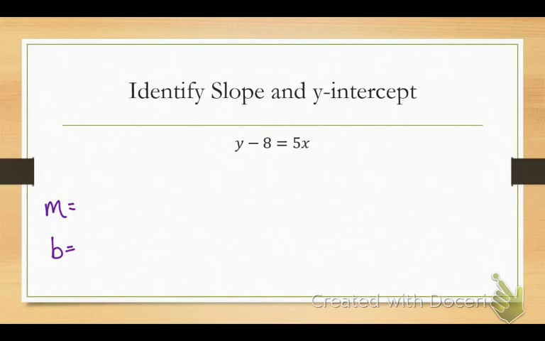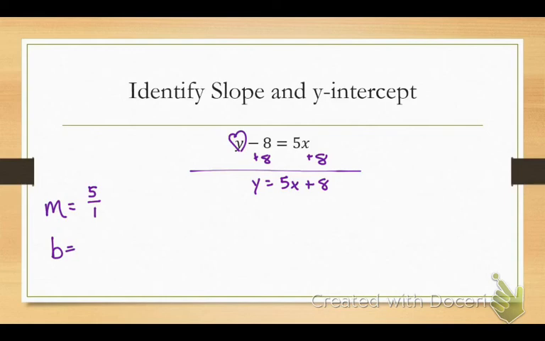All right, guys, so we heart the y because we're solving for y. What do I do to get y by itself? Add 8. I can't add 5x plus 8, so I just bring it down. Y equals 5x plus 8. So what is my m? 5 over 1.